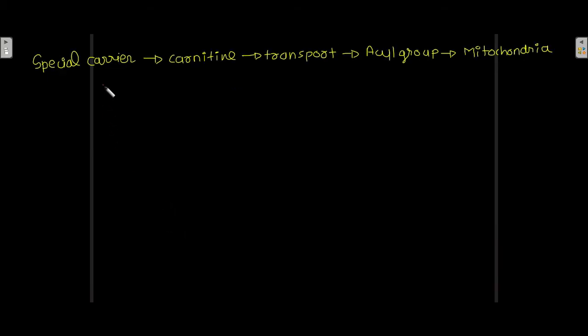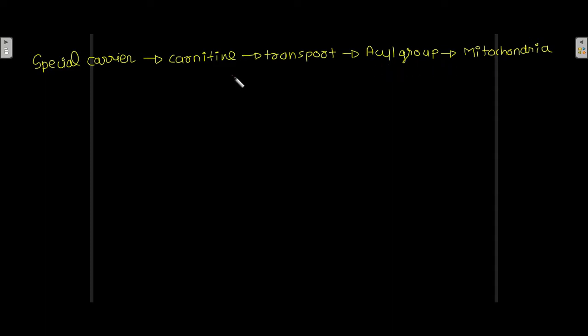There is a special carrier which is known as carnitine. This carnitine is used to transport the acyl group into the mitochondria. We saw in the diagram, right? The fatty acyl coenzyme A combined with carnitine, and then fatty acyl carnitine was formed, and that fatty acyl carnitine was then transported through the inner mitochondrial membrane.